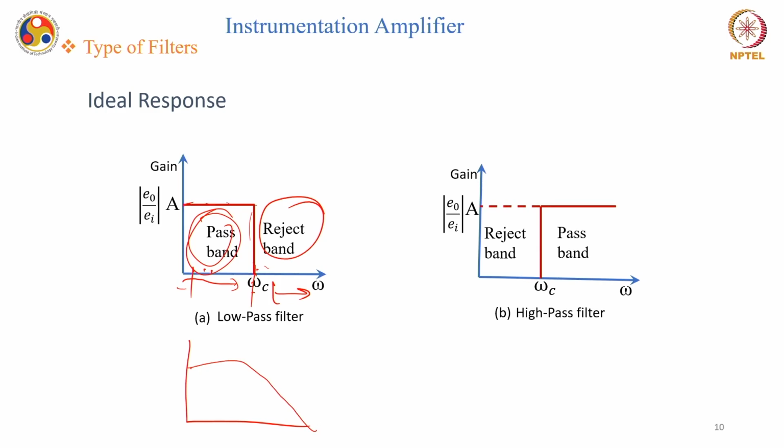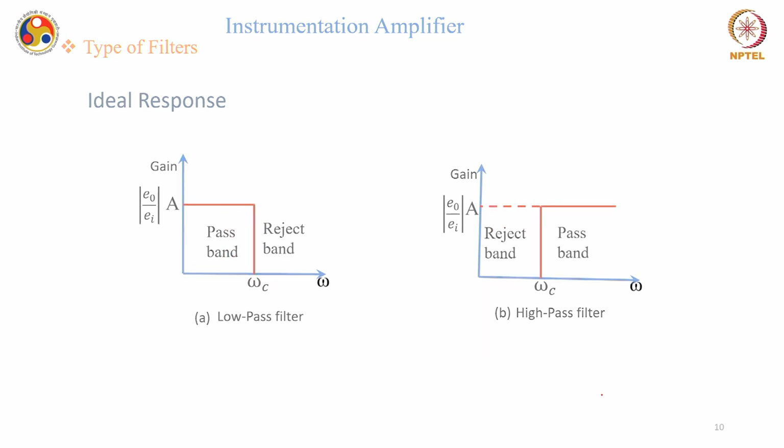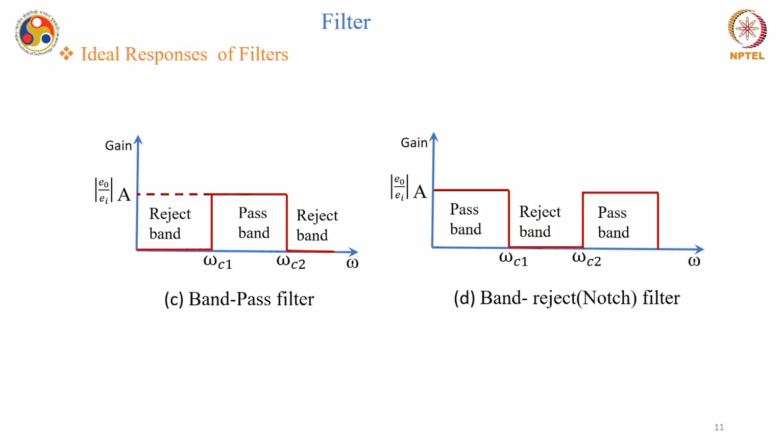Similarly for high pass filters, you have a reject band in the frequency regime where omega is less than omega c, and above omega c you have a pass band, okay. Similarly for a band pass filter, you have a region of frequencies which can be passed through the filter, say omega c1 to omega c2. However, this particular filter rejects anything less than omega c1 and anything above omega c2, all right.